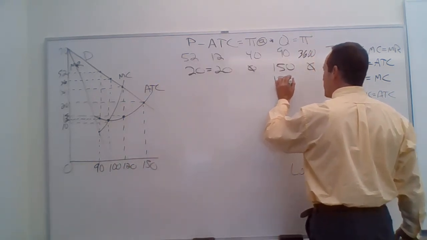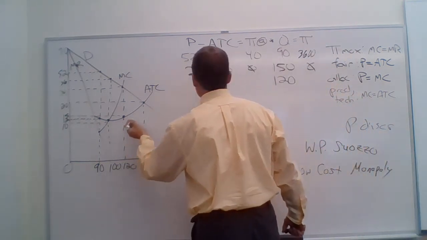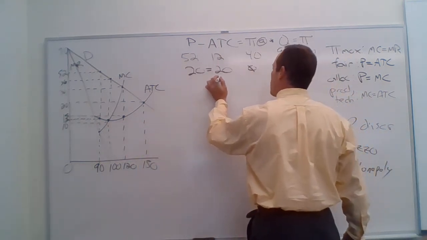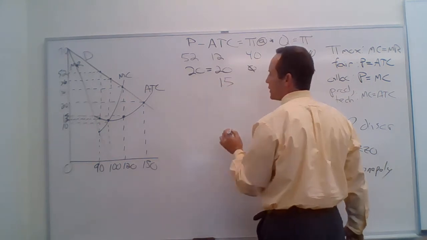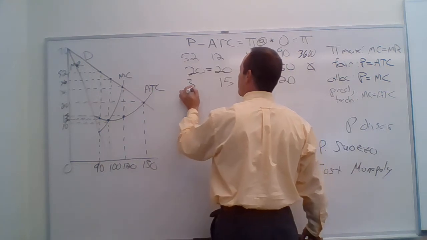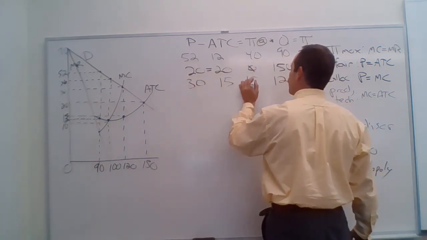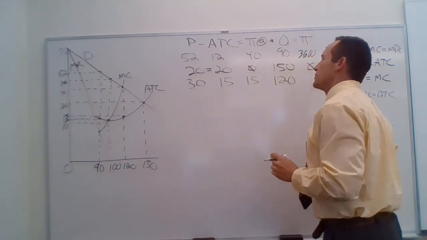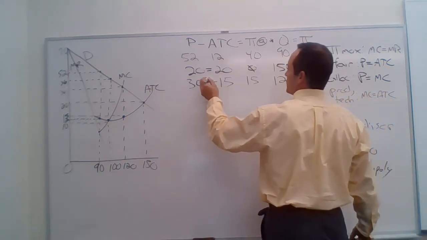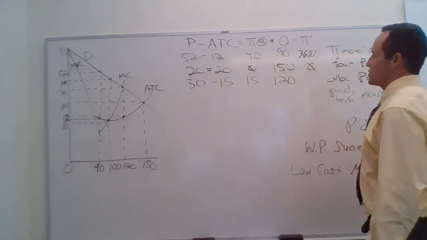So at quantity 120, ATC is 15. Output costs $15 each unit, and price is 30. So we're able to sell it for twice as much as what it costs.